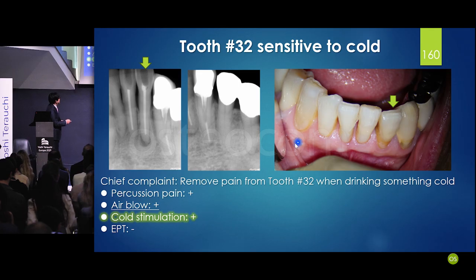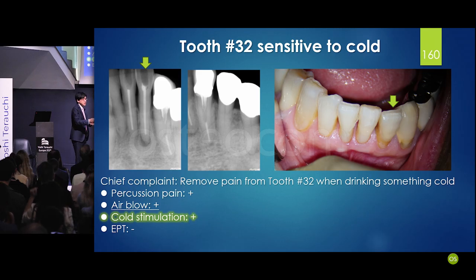So what do you think? I took a radiograph. I saw a small apical radiolucency, but this tooth was sensitive to blowing air and percussion pain. What is this? So who wants to do the root canal treatment? Nobody?